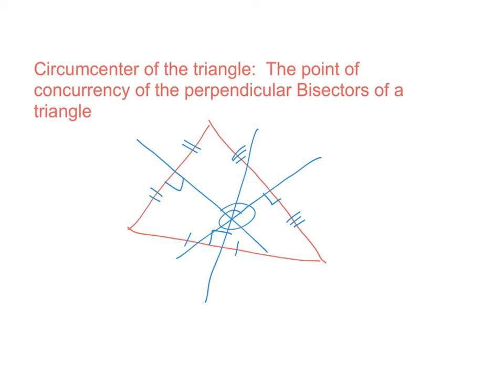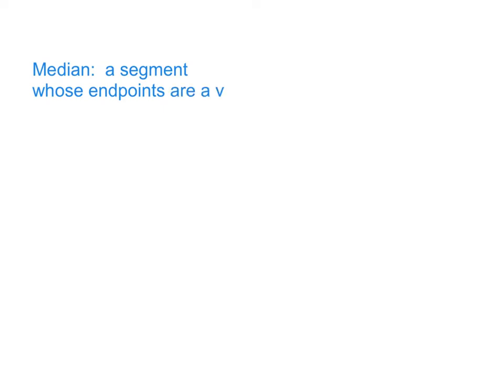We'll do them both right now. One is the median of a triangle, which is a segment whose endpoints are a vertex and the midpoint of the opposite side.